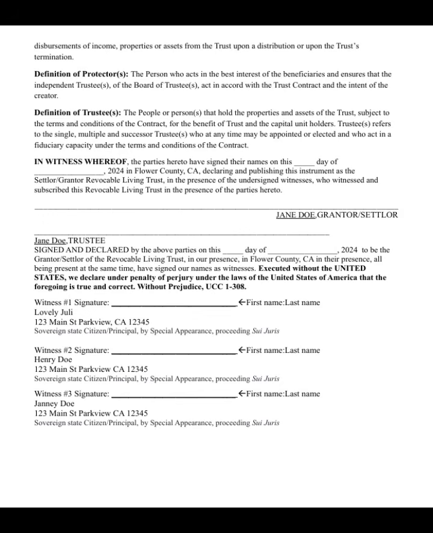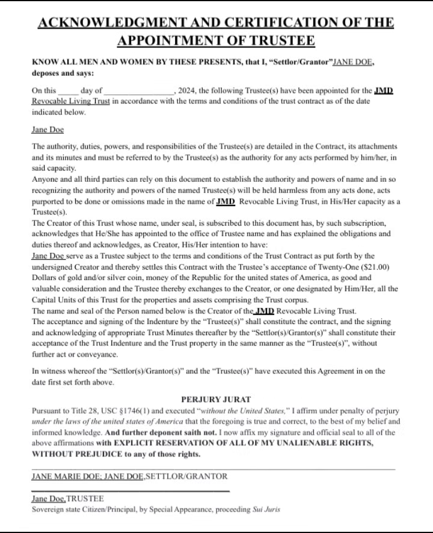The people or entities who receive and hold a capital unit are the beneficiaries of the trust. Receipt of a capital unit from this trust is evidence of entitlement to receive disbursements of income, properties, or assets from the trust upon distribution and upon the trust termination. Definition of protector.